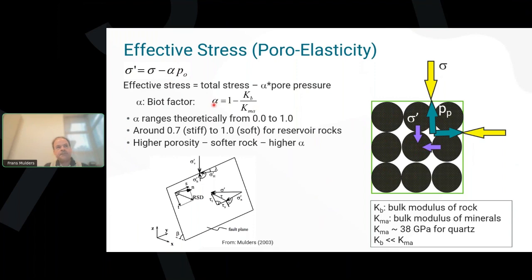Theoretically, the Biot factor can range from 0 to 1, but practically it is more on the higher side of the scale, around 0.7 for stiff rocks. It can be lower, I've seen cases of 0.4, but if you get a softer rock, it will approach a value of 1.